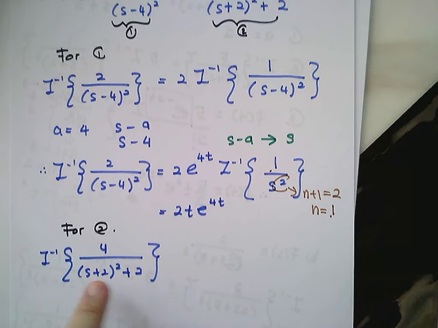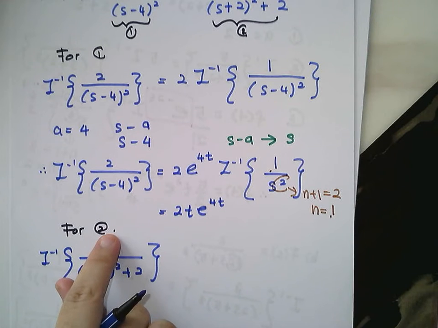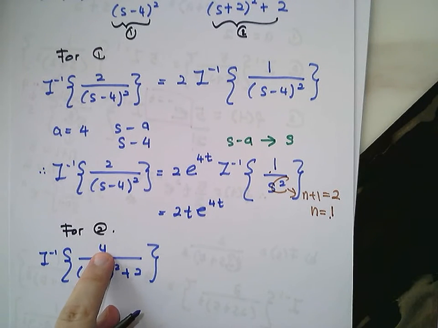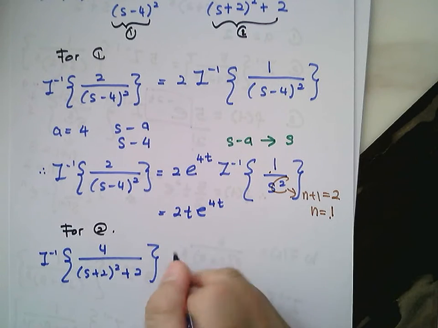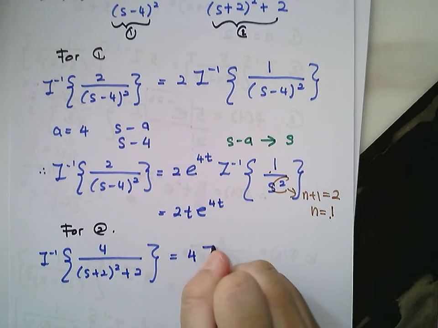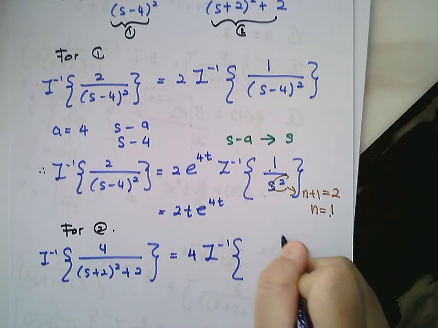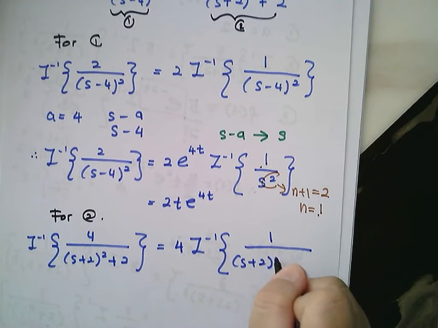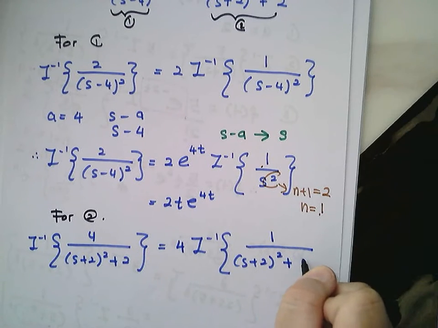Okay, although you have plus here or minus here or another value of constant here, as long as you just have one term of s minus a and that term must be in the denominator part. Okay, so for this case you need to factorize 4. So you will have 4 inverse of 1 over s plus 2 squared plus 2.